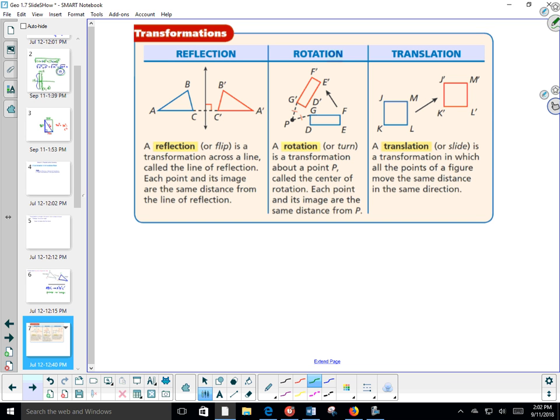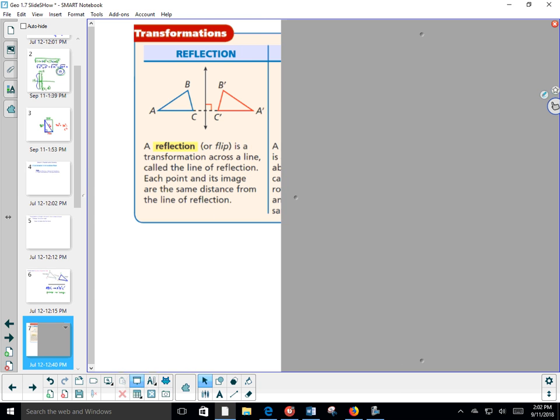All right, so here are the 3 different types of transformations that we're going to be studying in this section. We have reflection as one type of transformation. You could refer to a reflection as a flip, but good, serious mathematicians like all of you will use the word reflection instead of flip.